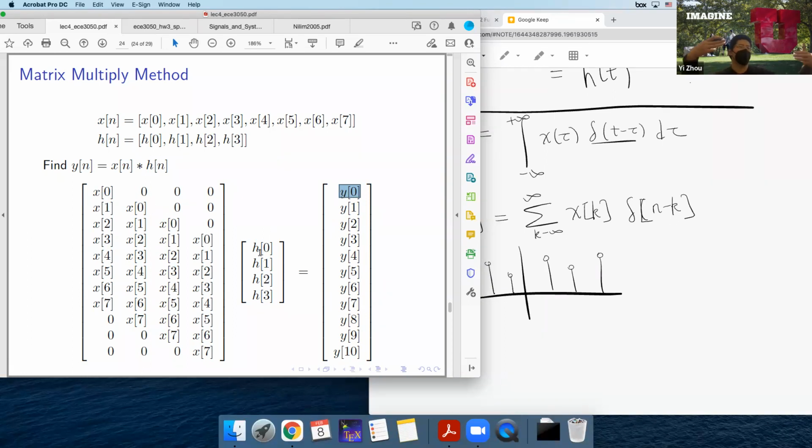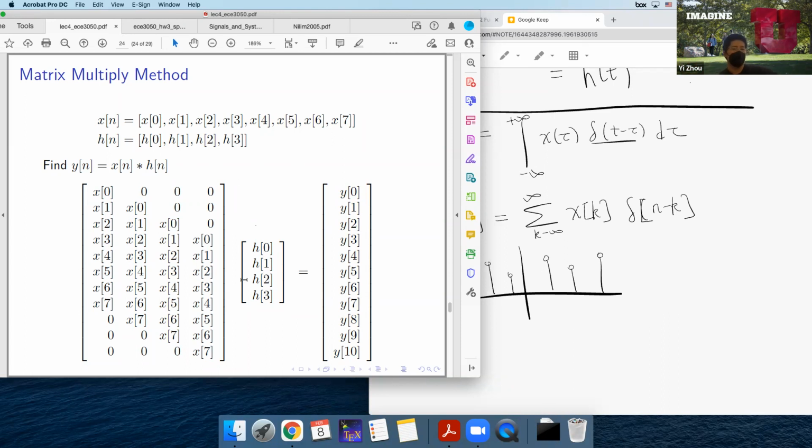This is the first time when the signal X touches the signal H. And if you look at the second one, you start to have X1 and X0 moved inside. So the second row multiplied by this one, you have X0 H1 plus X1 H0.